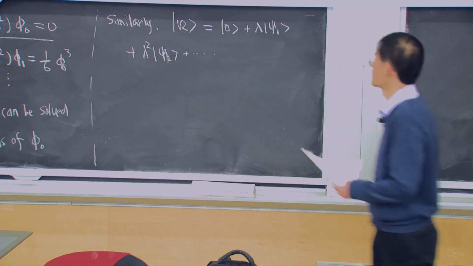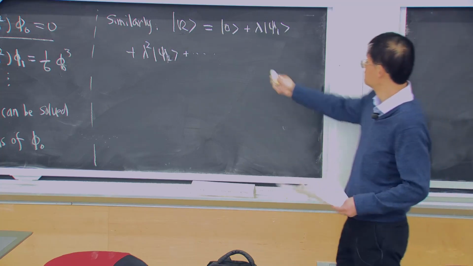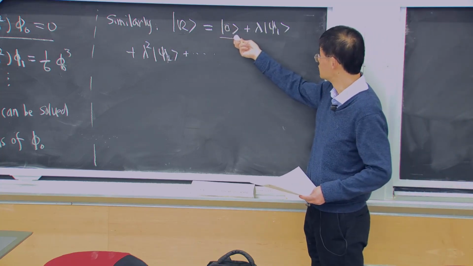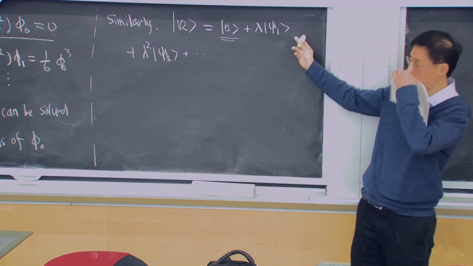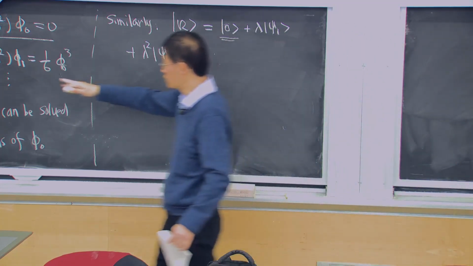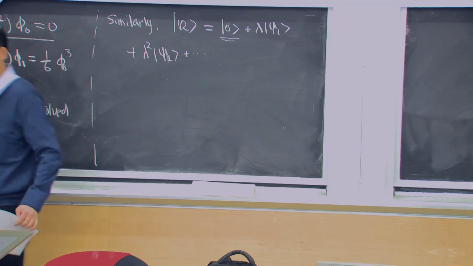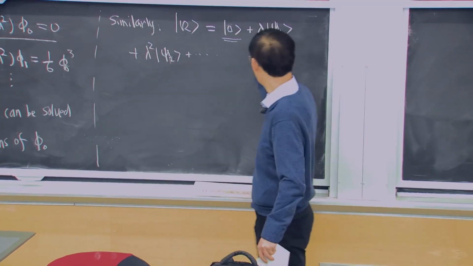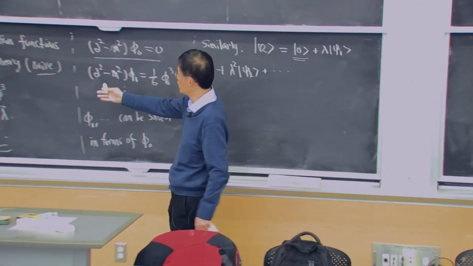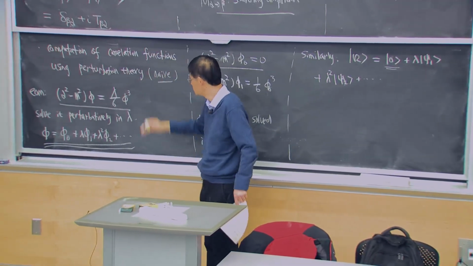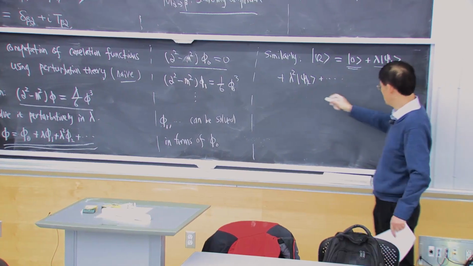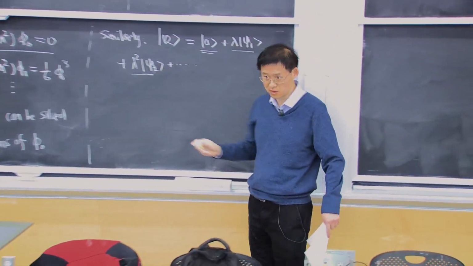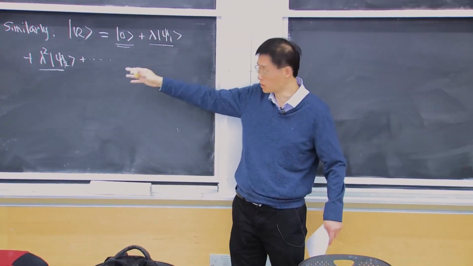At the 0th order, you just get the free theory vacuum, and then you will have corrections due to the interactions. Because of the λ, your Hamiltonian changes, and so your ground state will also change, and you can use your 8.06 to work out those higher order corrections.